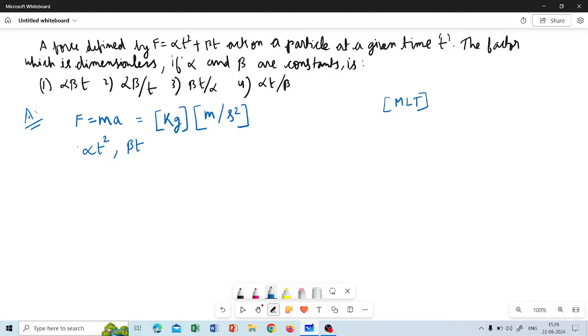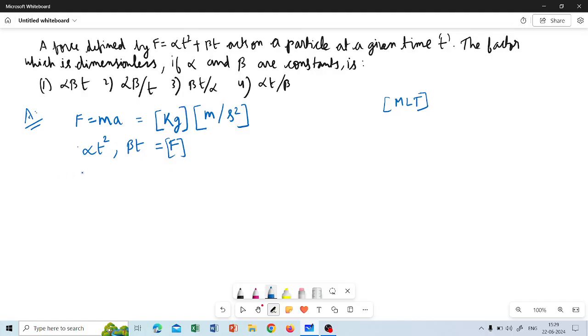They should be of the same dimensions as force, because F is equal to alpha t square plus beta t. These two have the same dimensions, equal to that of force.